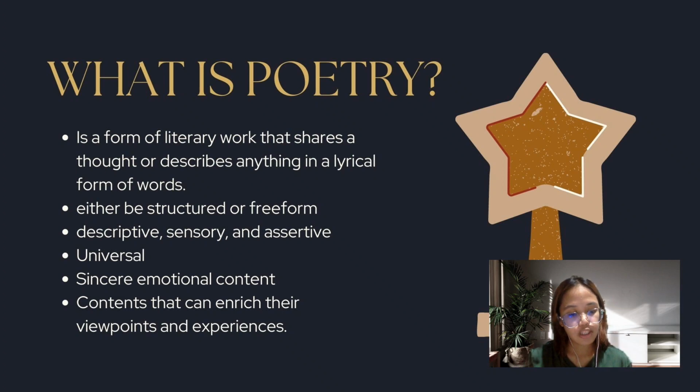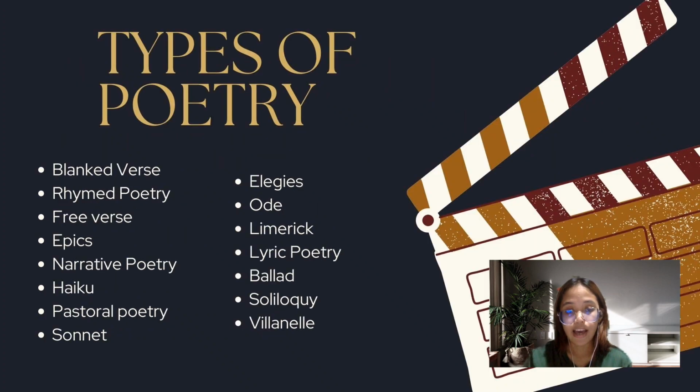So there are actually a variety of types of poetry that I found on the internet. I found a total of 15 of them. These are blank verse, where two or more lines of this type of poetry do not rhyme. And then we have rhyme poetry, which, from the name itself, has a chosen rhyme scheme.